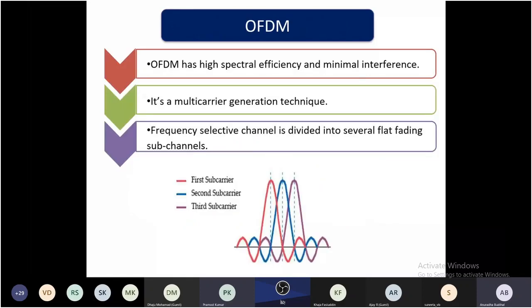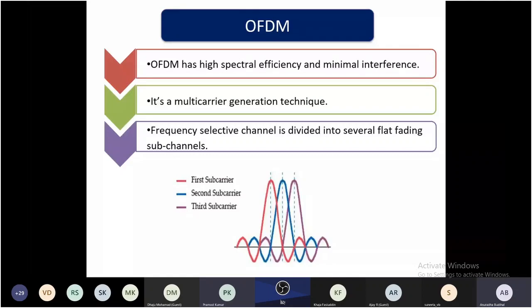So this orthogonal frequency division multiplexing, that is OFDM, is a promising multi-carrier modulation technique that mitigates the effect of frequency selective fading inherent in high data rate environments. It is a type of multi-carrier modulation scheme based on the idea of dividing the given high bit rate data stream into several parallel low bitrate streams and modulating each stream on separate subcarriers.